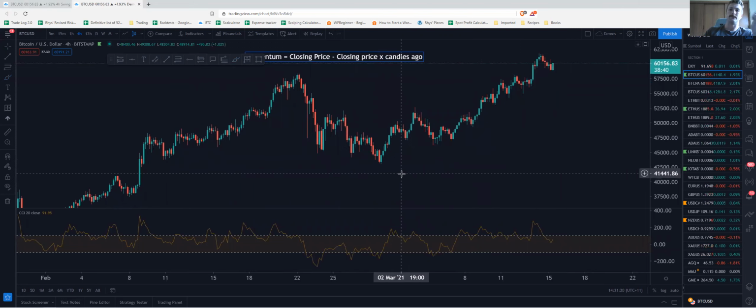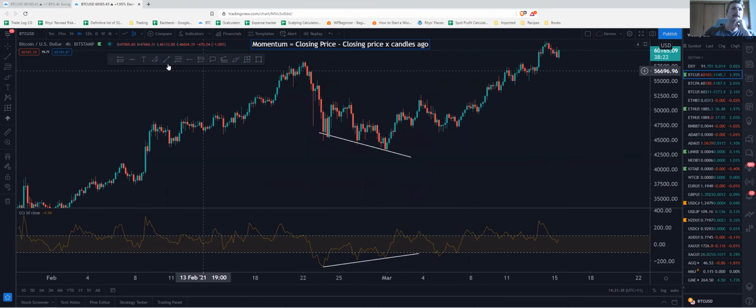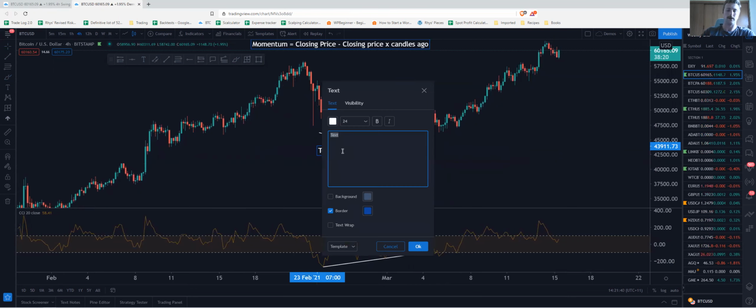Now, divergence occurs when the price action and the oscillator start to disagree. So what that means, there's a really good case of bullish divergence here. So what we have going on is price is making these lower lows, right? Lower low.